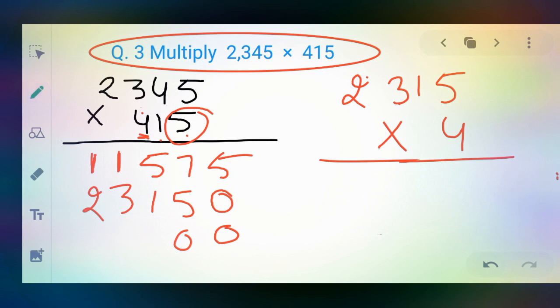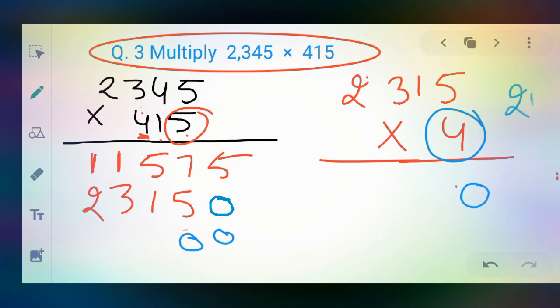And dear student, now I want to multiply by digit 4. So if you want to multiply by digit 4, what you get? You will get here 4 5s are 20 and 2 is carry. 4 1s are 4, plus 2 you get 6. Now next is 4 3s are 12. Okay, so dear student, there is no carry because 4 1s are 4 plus 2 you get 6. Clear?